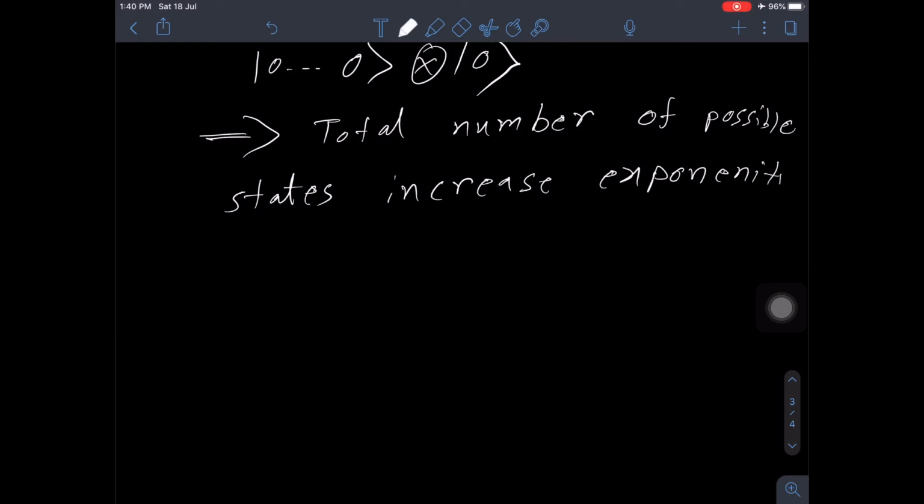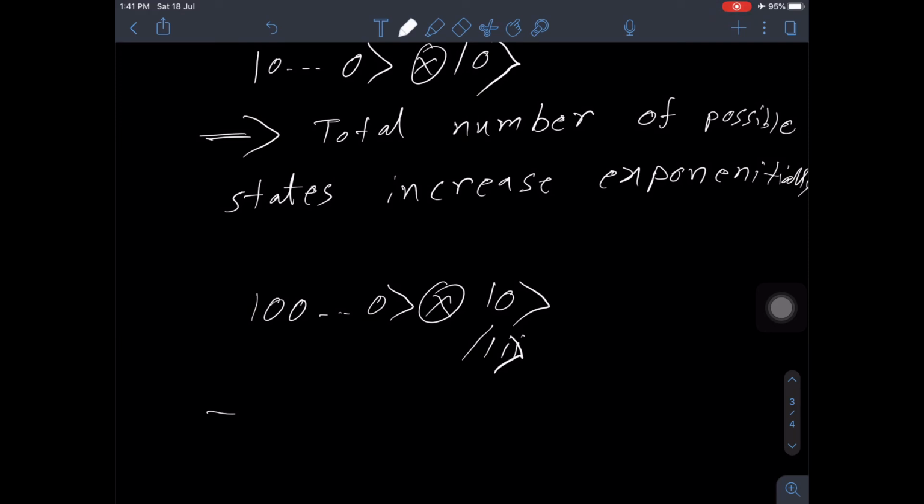And why is this happening? This is happening because you have entangled states. Because you had these combinations before, if you add a new qubit, you can have either 0 or 1 here, so you will have two new possible product states. But when you write all the possible combinations, then the number rises exponentially.